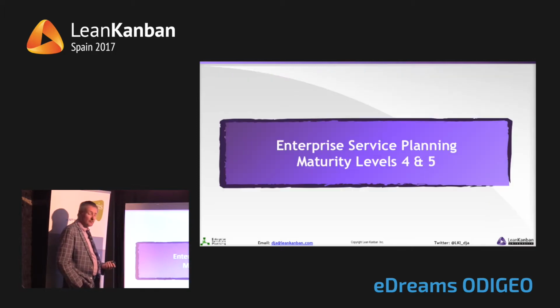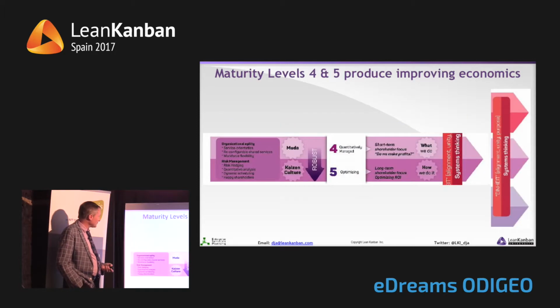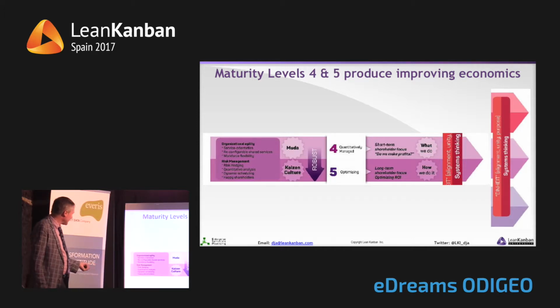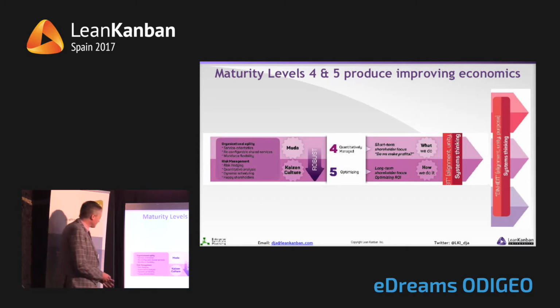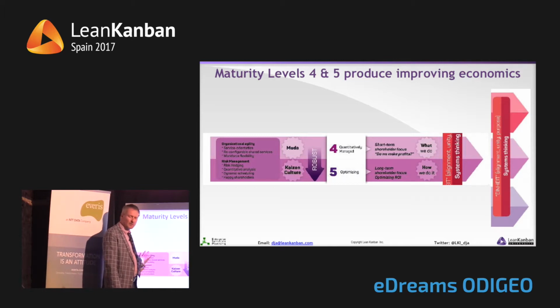And moving on to levels 4 and 5, bundled these together, quantitatively managed and optimizing. Organizational agility, service orientation, reconfigurable shared services, workforce flexibility, you saw that pattern. Risk hedging, quantitative analysis, dynamic scheduling, happy shareholders, and a lot of portfolio management behavior in here.